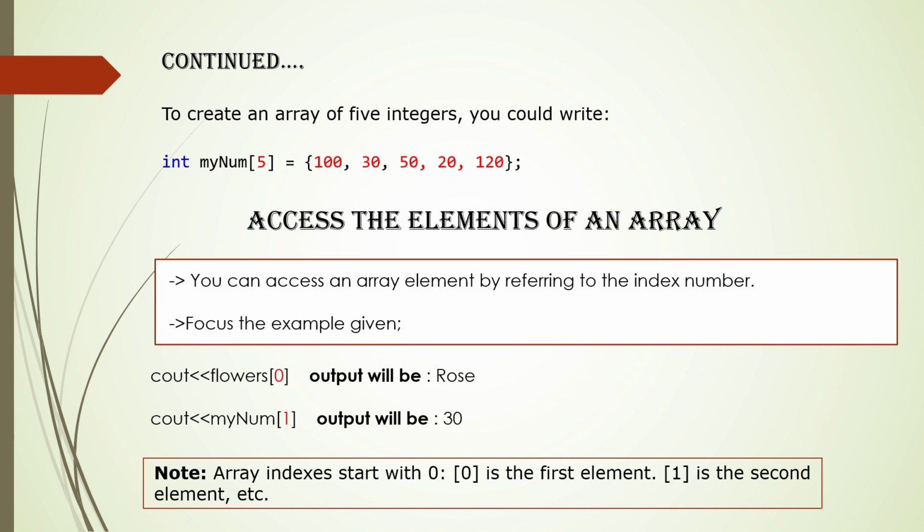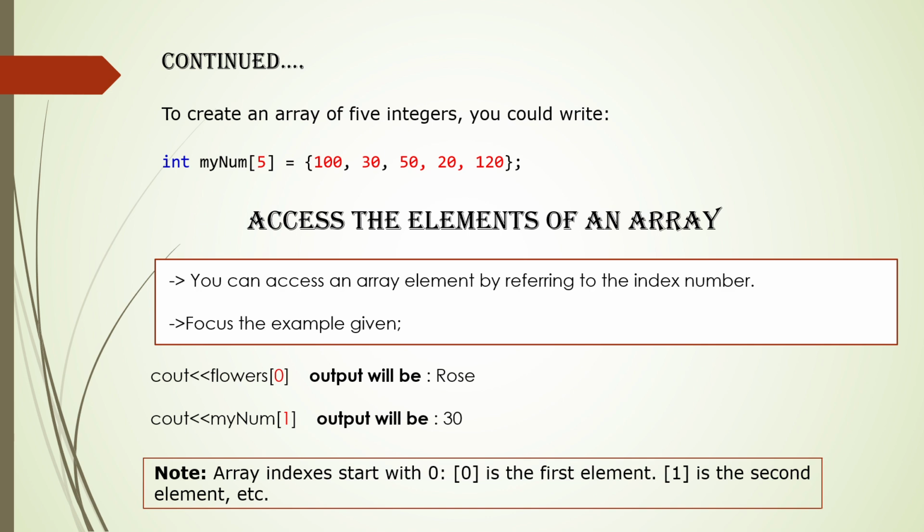The second element will be stored at index number 1, and likewise it will go on. Like in the above example, I have mentioned that the array mynum can hold 5 values. So 100 is stored at index number 0, 30 at index number 1, 50 at index number 2, 20 at index number 3 and 120 at index number 4. One thing you all should note here is that array indexes always start with 0.